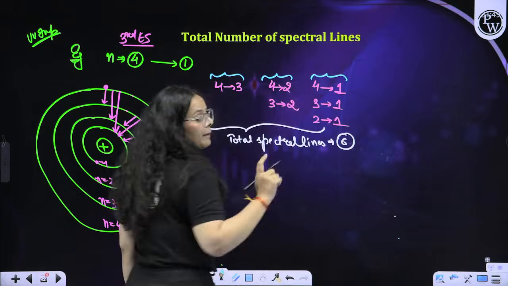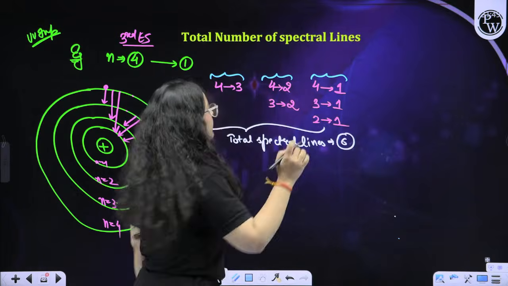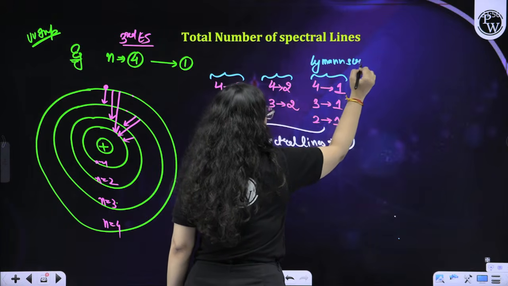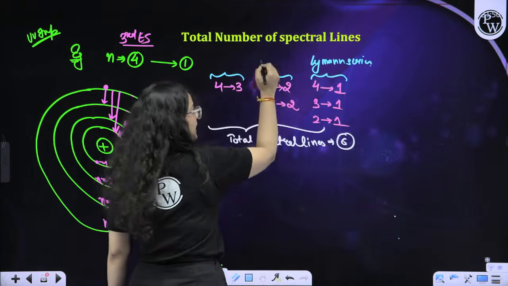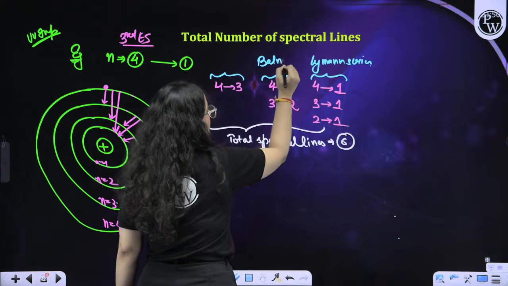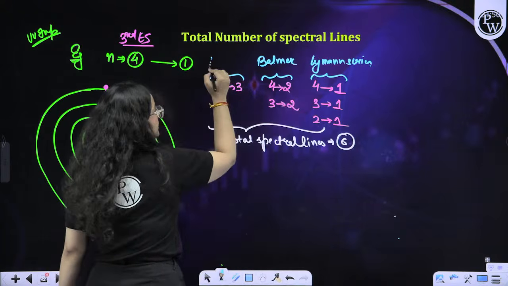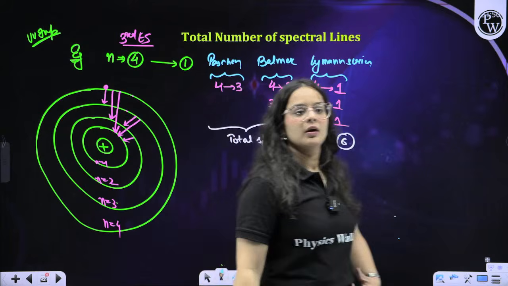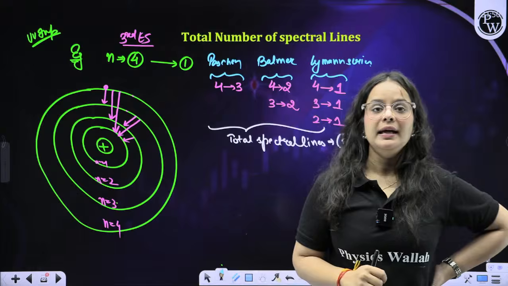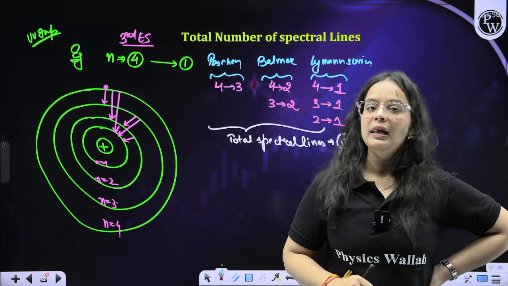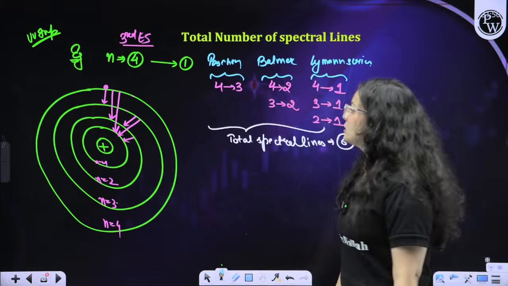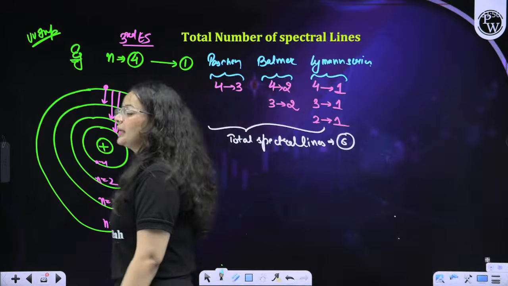When the transition happens to the first level, we know it as the Lyman series. When the transition happens to the second level, it is the Balmer series, coming under the visible region. Then this is Paschen. So under Lyman there are 3 lines, under Balmer there are 2 lines, and under Paschen there is a single line. So these are the spectral lines that I am getting over here.